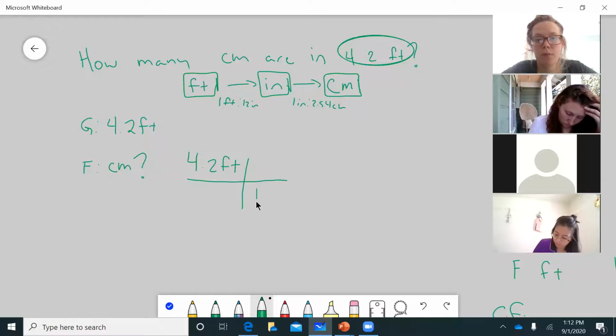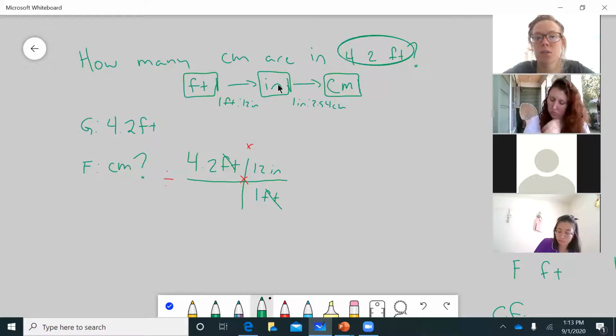I know that for every 1 foot, I get 12 inches. Don't get freaked out by these bars that I'm drawing here. This is a divider bar. This is a multiplier bar, so you can just think of that as a multiplication symbol. Okay, so feet cancel, and I've leapfrogged into inches.